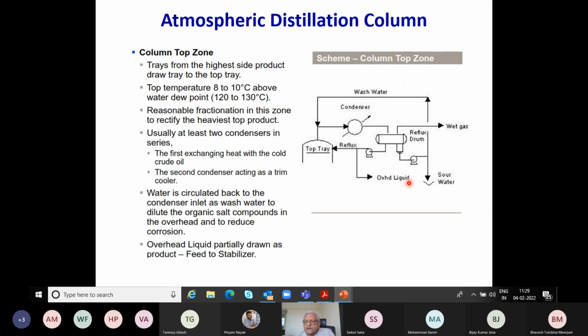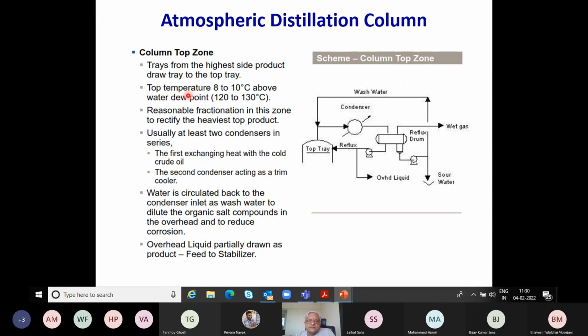Now, this overhead liquid, we will come back to in our subsequent slides. But this overhead liquid contains a little bit of fuel gas, which is dissolved. Most of it comes out here, but also LPG and naphtha, that is both light and heavy naphtha, in case you don't withdraw heavy naphtha in the crude column.